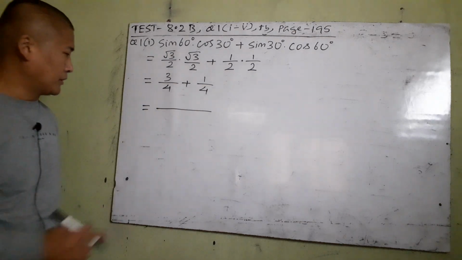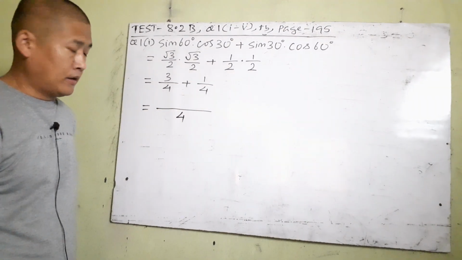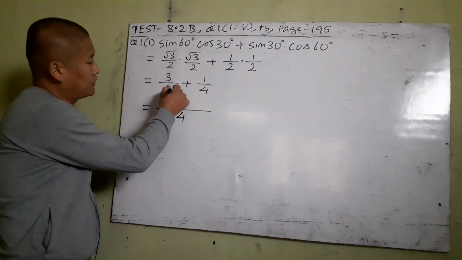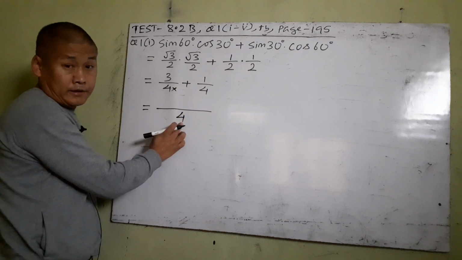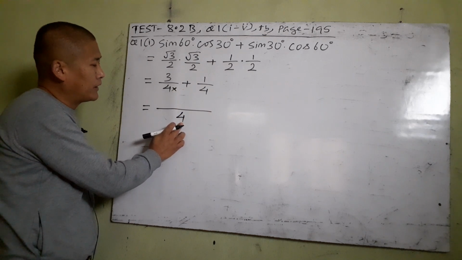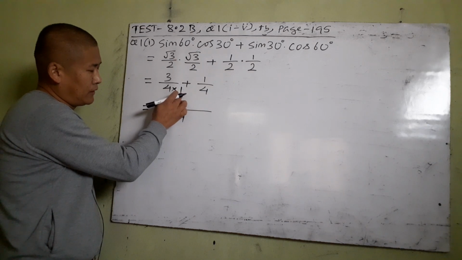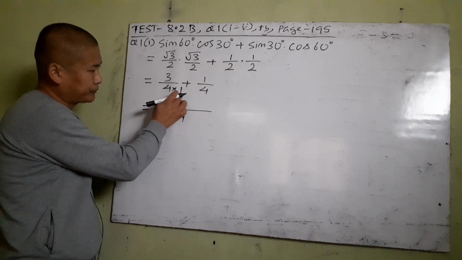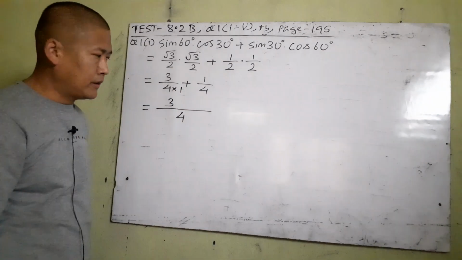LCM of 4 and 4 is 4, so we put there 4, right? And we take the first denominator, which is 4, and 4 multiplied to what will give you the LCM 4. You must get that number, right? So 4 1s are 4, and this one you multiply it to the numerator. So 1 3s are 3, okay?